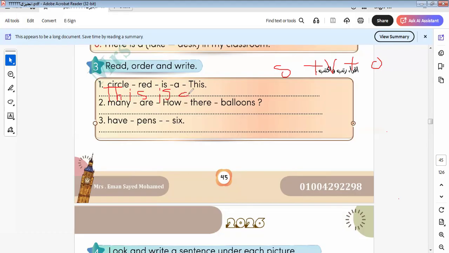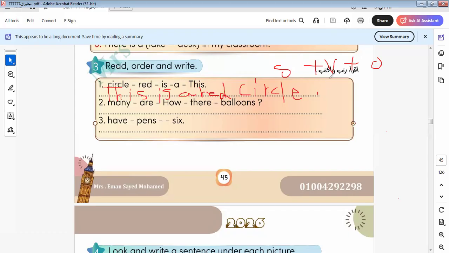So the color used with a noun is an adjective.